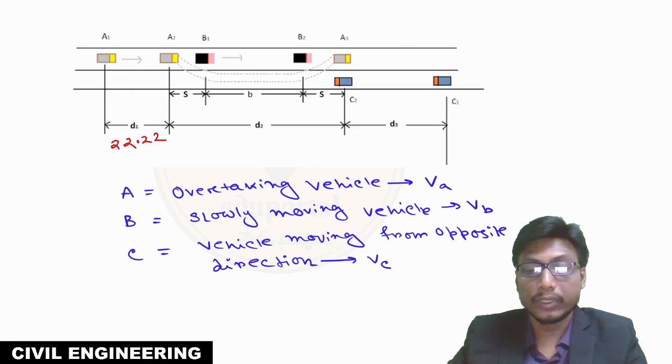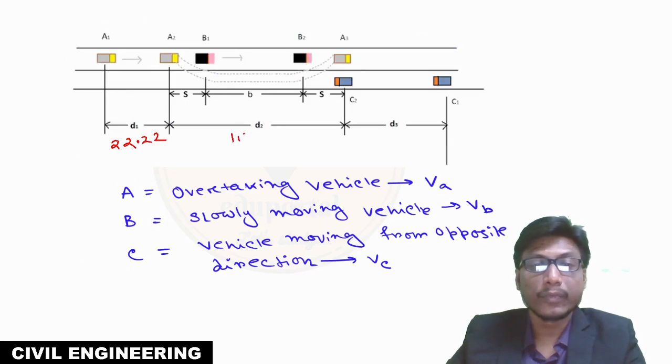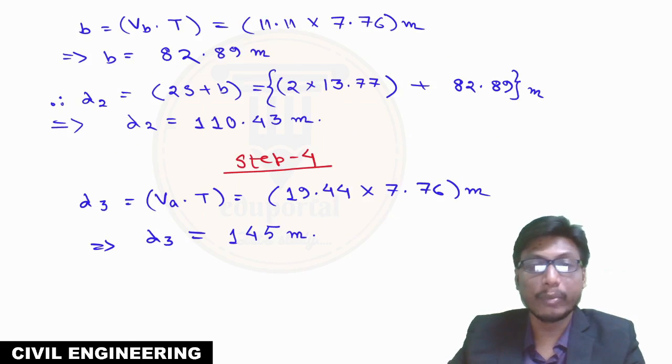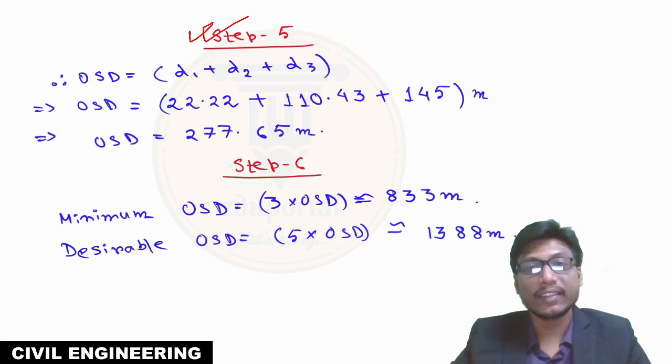If we add these three, we get the value of OSD. Let's check what value comes. So step number 5, OSD, the overtaking sight distance, is equal to D1 plus D2 plus D3.